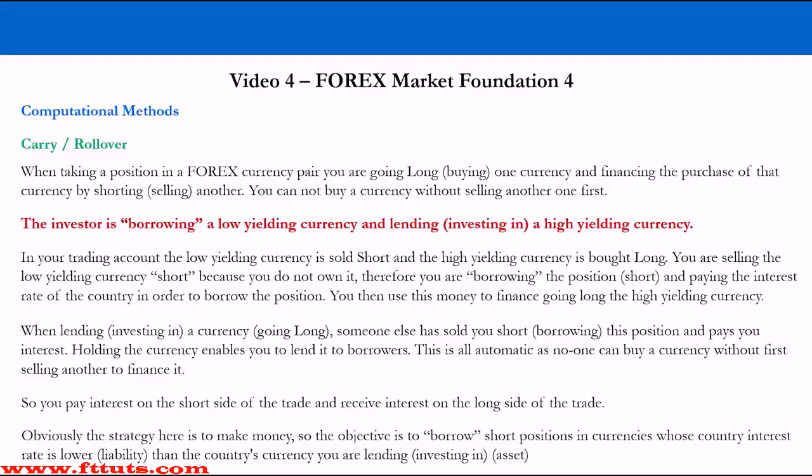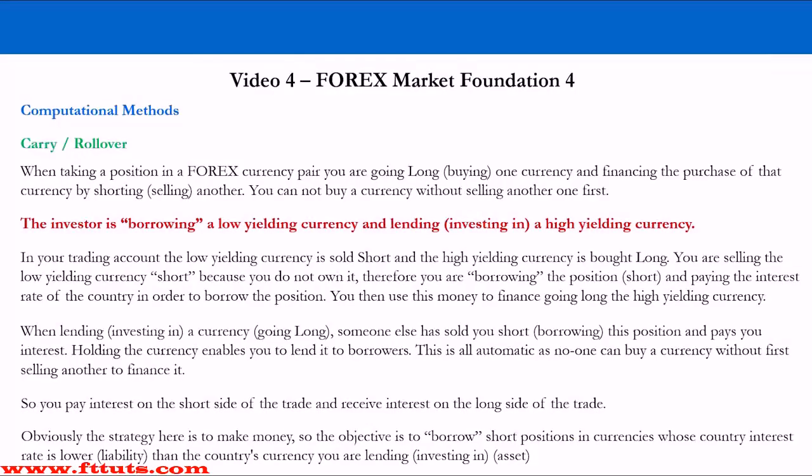So you have a liability and an asset on each side of the currency pair. The currency you go short is a liability, and the currency you go long is an asset. Please remember that. It's very, very important. Now let's have a look at this in more detail. Like any of our other basic computational methods, it's pretty straightforward.